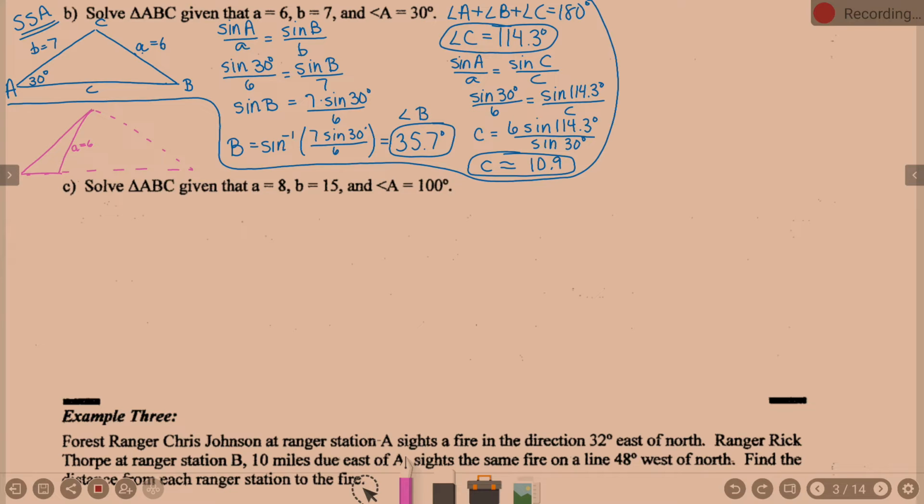Okay, and this can happen because that 6 is smaller than 7. Because we have this acute angle and the opposite side is smaller than the other provided side, we can have the normal, what I would call normal, big type triangle, or you can swing that A side under.